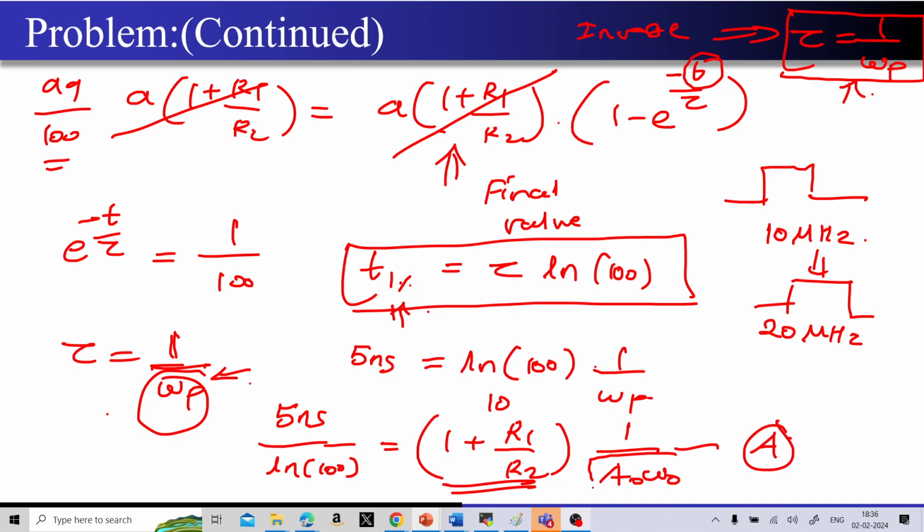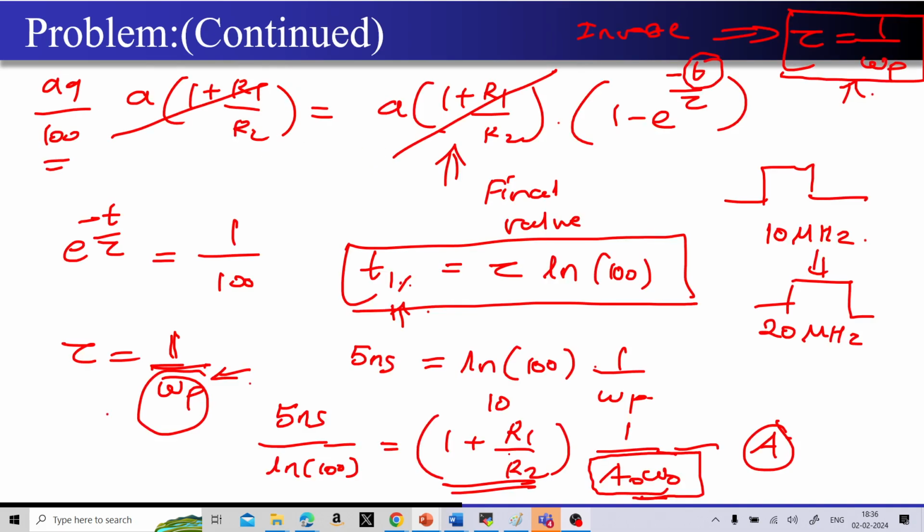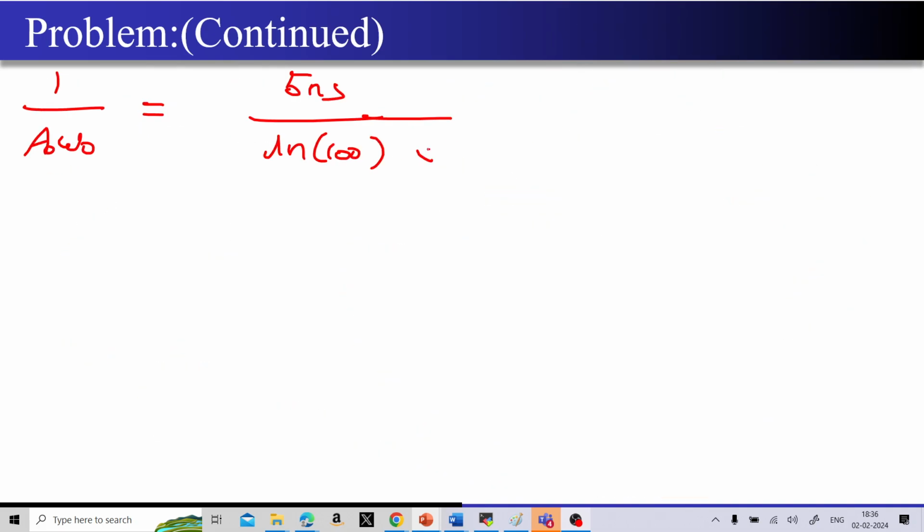A naught into omega naught is my open loop gain into open loop 3 dB bandwidth, and this is the gain bandwidth product that I actually want to find out. Right? So now what I am left with is 1 upon A naught omega naught. This is the term that I want to find, and it will be equal to 5 nanoseconds divided by ln of 100 into this 1 plus R1 by R2, which is 10.